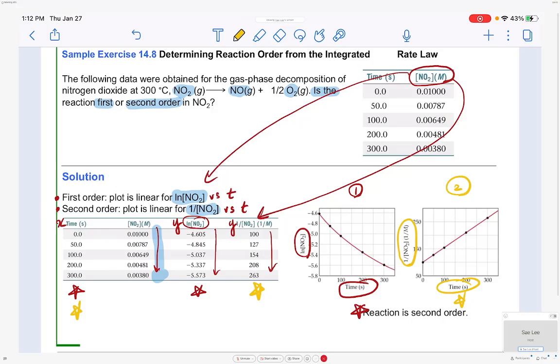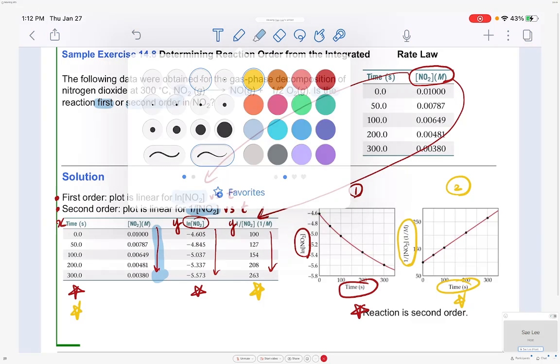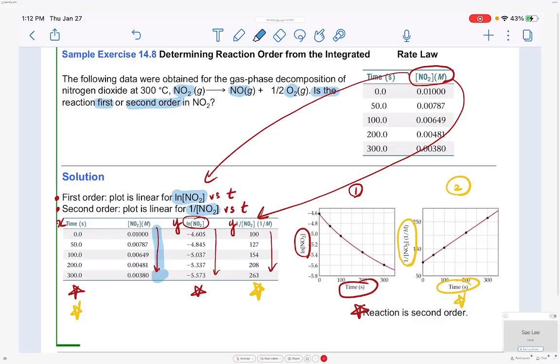As you can observe from here, graph number 2 gives you a straight line. Because 1 over NO2 concentration versus time gave you a linear line, this tells us that the reaction is second order.